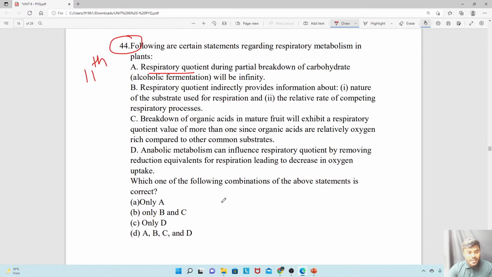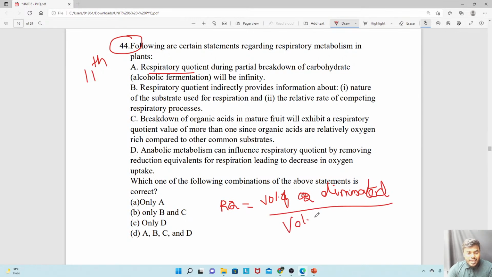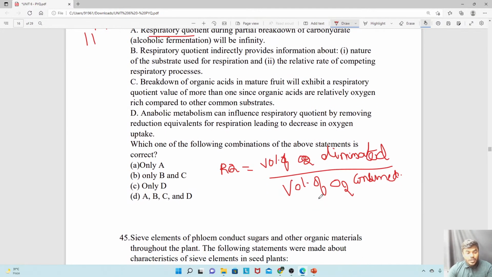First just listen to me, then you can answer my questions. First, what is respiratory coefficient? How much volume of carbon dioxide gets eliminated? Please remember, how much volume of carbon dioxide gets eliminated by how much volume of oxygen is consumed. This is exactly what we call the respiratory coefficient.